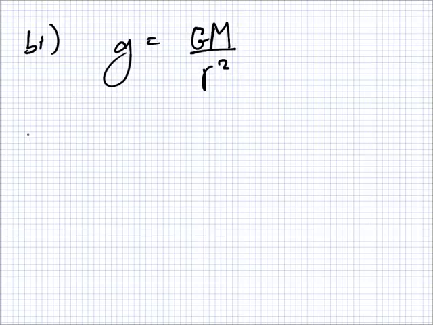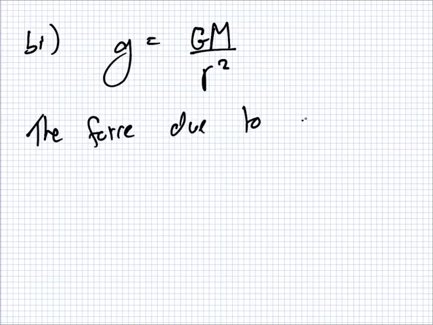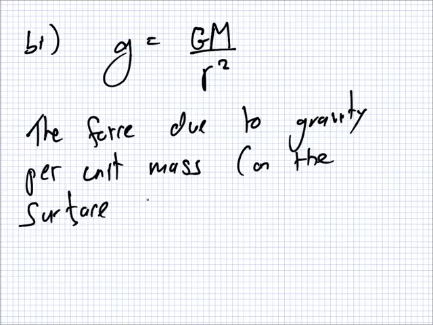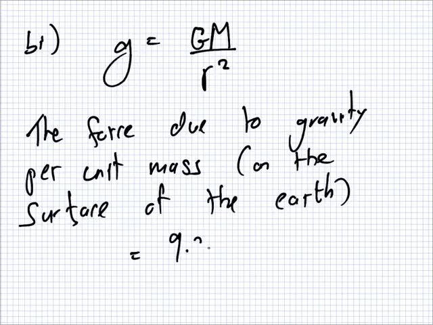Yeah, well, the gravitational field strength is the force due to gravity per unit mass, and in this case, on the surface of the Earth. And in fact, we know the number here. It's 9.81 newtons per kilogram.